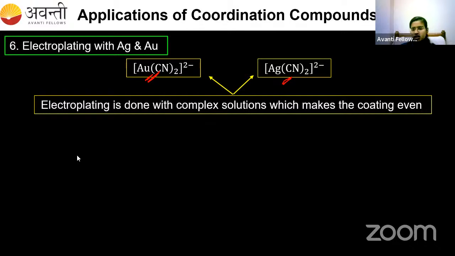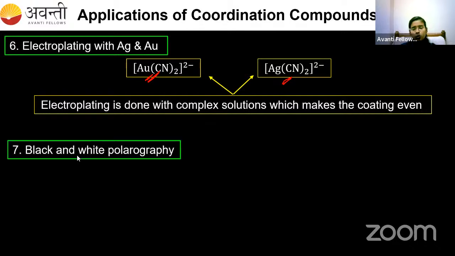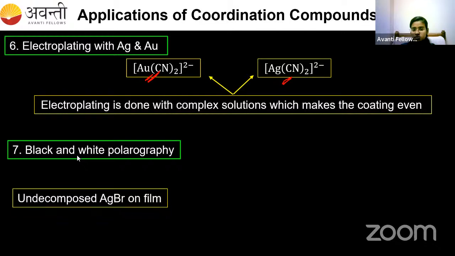Then the next is black and white photography. So you all might be aware of the olden days photography things, right? So there will be a film. So there is undecomposed AgBr on the film. So we have to wash and take away this AgBr. So to wash the AgBr, I mean to wash the film, we use the hypo solution.